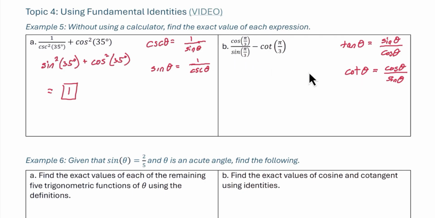That we can write as cotangent of pi thirds. Minus, we'll just bring down the other cotangent of pi thirds. Cotangent of pi thirds minus cotangent of pi thirds is 0. So we can evaluate these without needing a calculator.